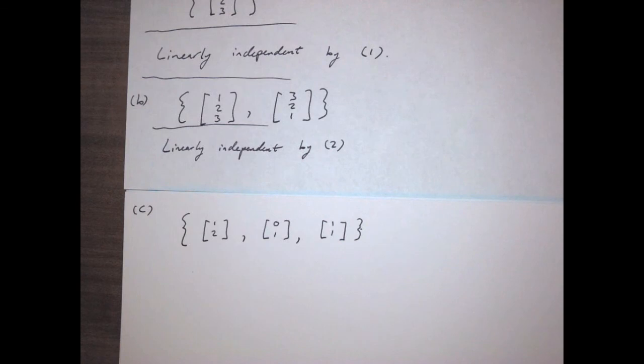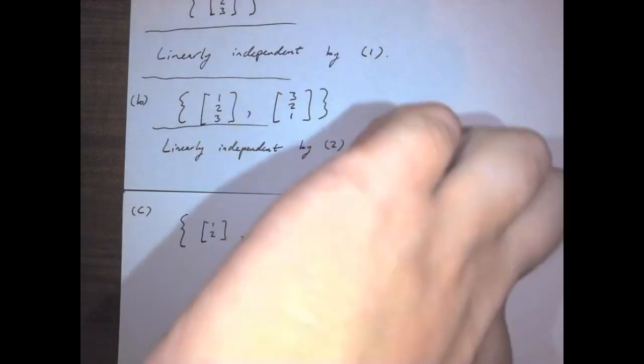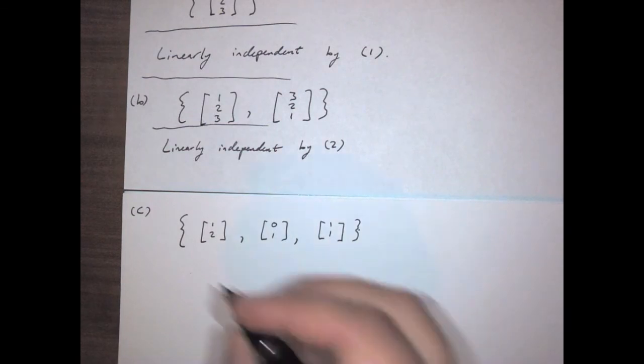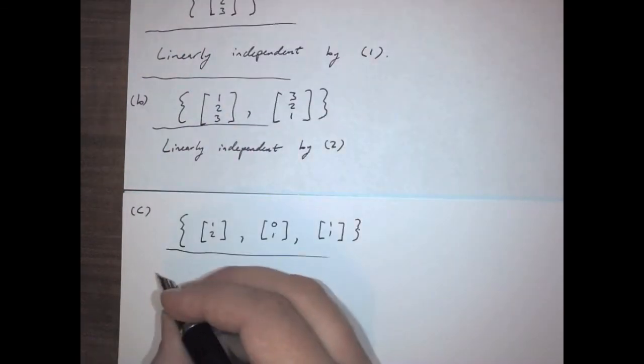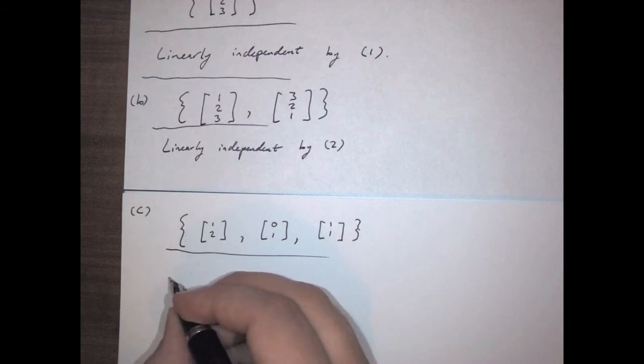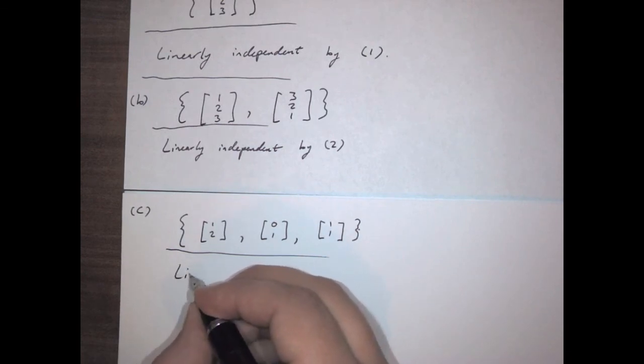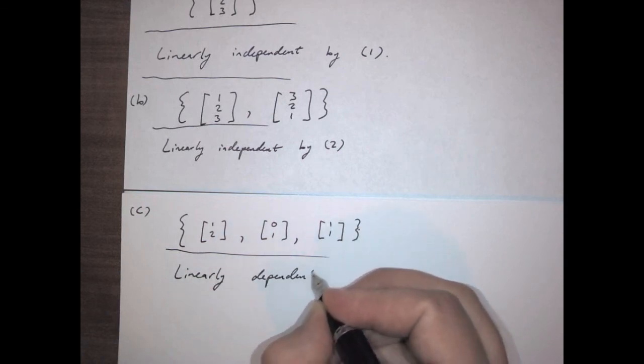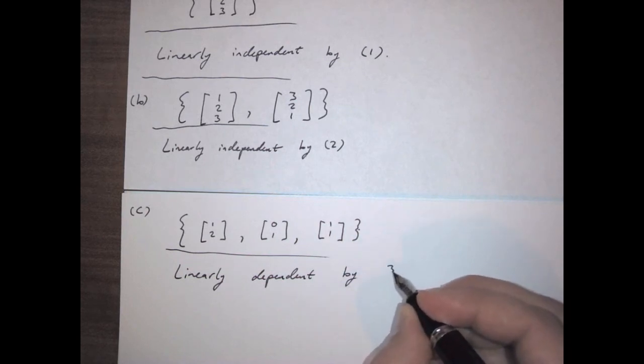Well, without even giving it any thought, I can immediately jump to a conclusion, because when I make an augmented matrix with some zeros on the right, there's no possible way I'm going to get a pivot for each of my 3 variables, because there are only 2 rows in which pivots can even appear. So by property 3, we've got a linearly dependent set.